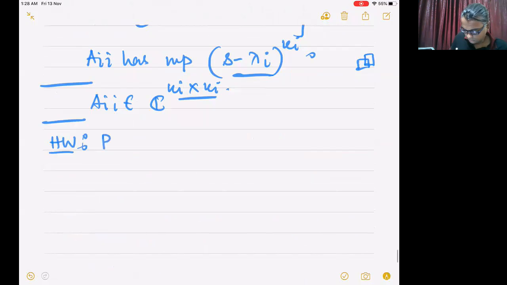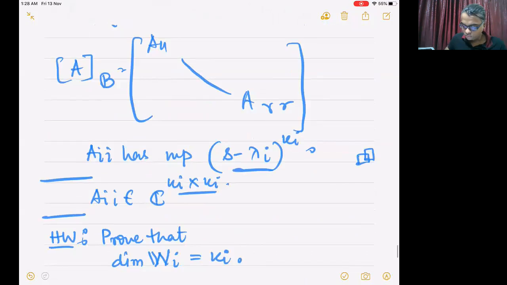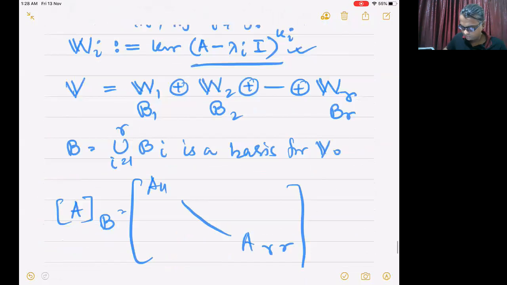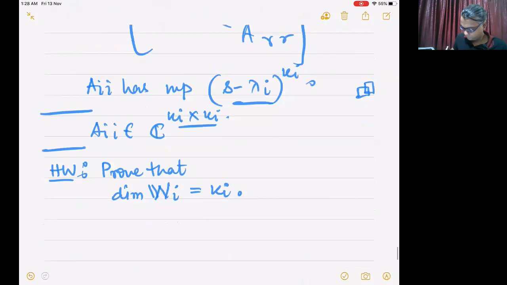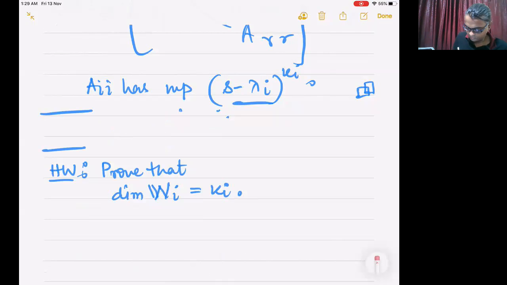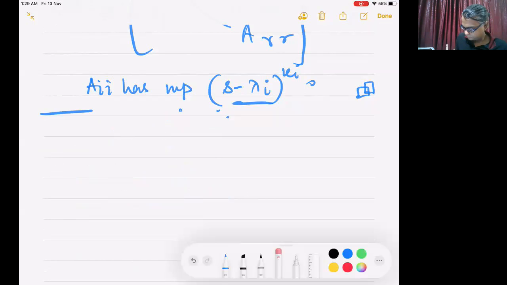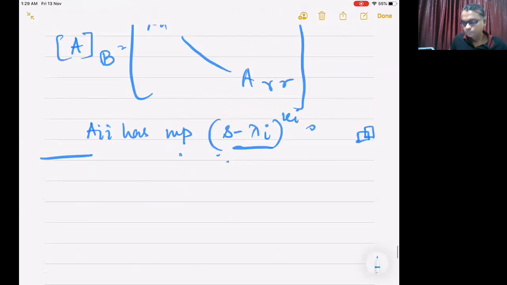Prove that dimension Wi is equal to, does it have to be ki? No, my bad. It doesn't have to be ki. Sorry. No, this is not a part of the theorem. This is not required. This is not true, in fact. Sorry, my bad. But this much is fine.